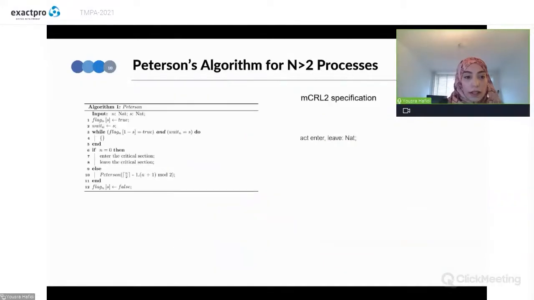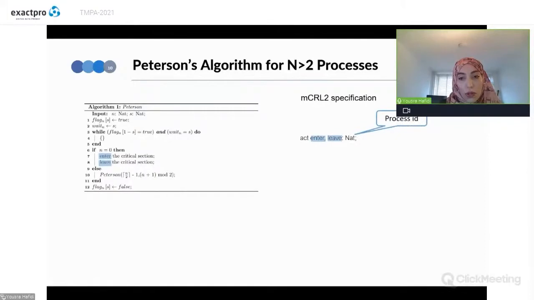So let's start specifying our algorithm. First, we have specified the enter and leave of the algorithm explicitly using actions, and this is for verification purposes.